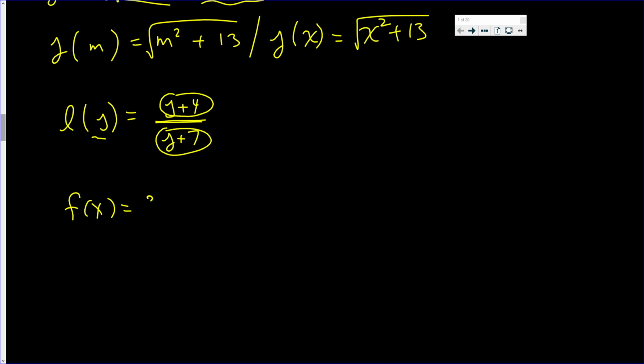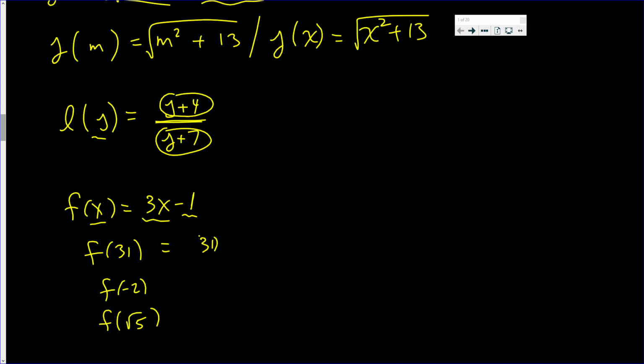What does this function do to what's in the brackets? It multiplies it by 3, and then it takes away 1. So if you were asked to find, say, f of these few numbers, it's easy.